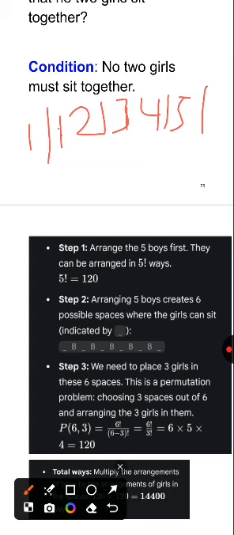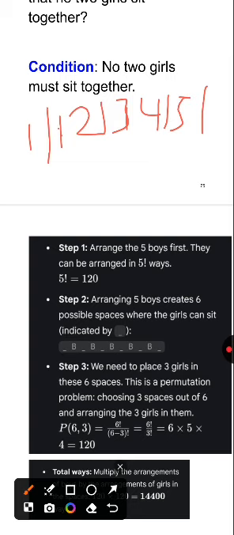Anytime you have permutation, you mostly see arrangement where order is important. So anytime you have a question about how many ways an object can be arranged, think about permutation.